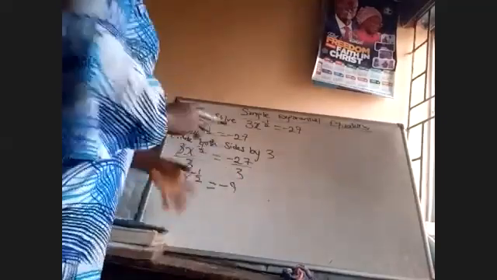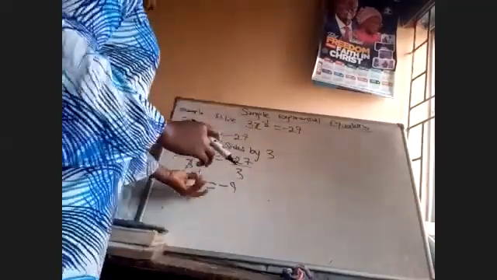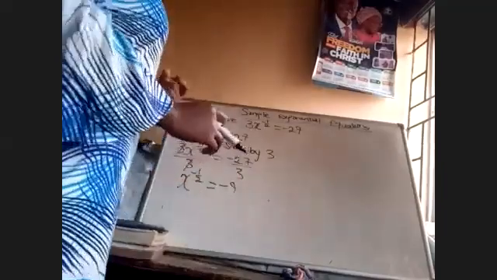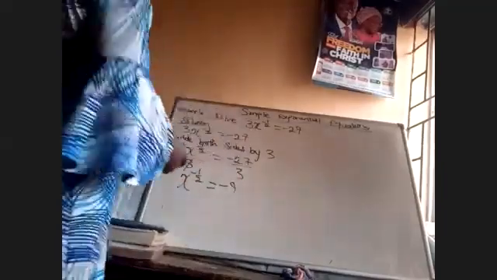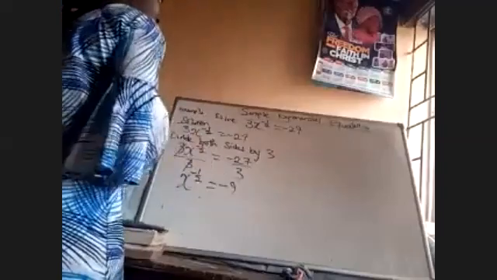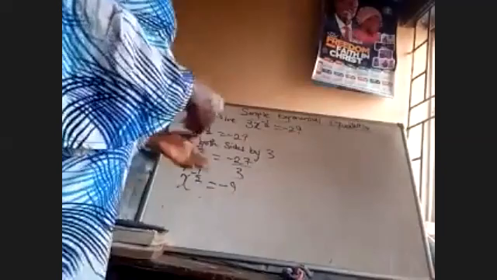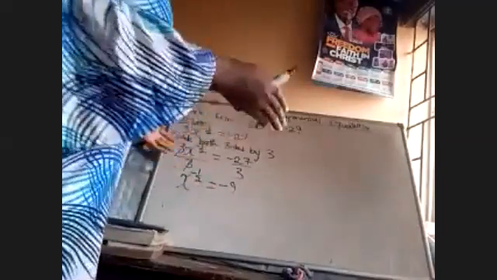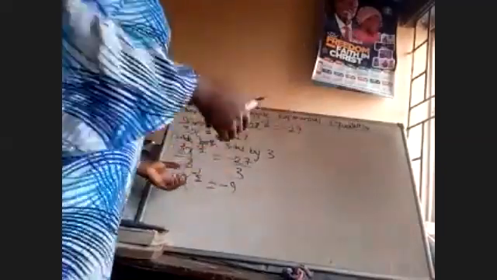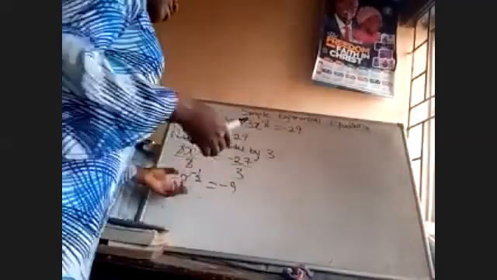Now, this is where we apply indices law. We are having a fractional index in this case. The best way to solve questions like this is by comparing both sides.